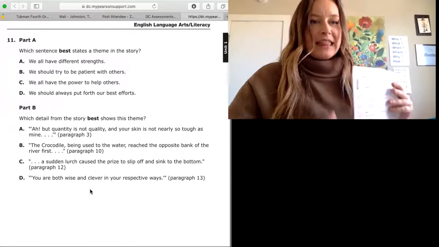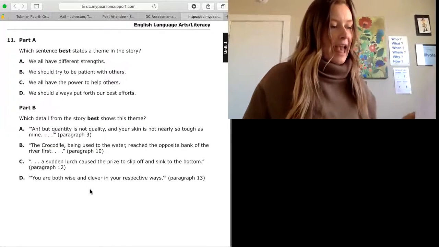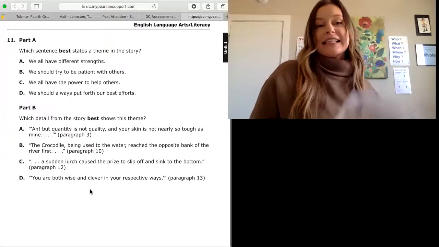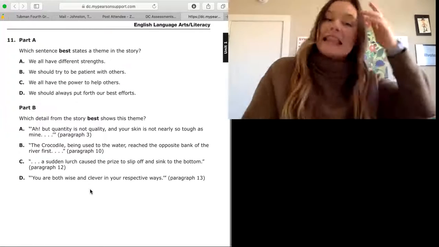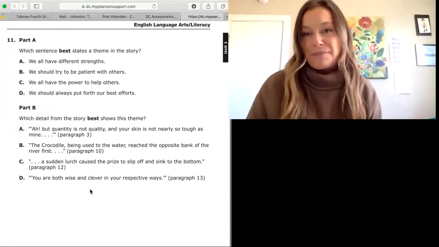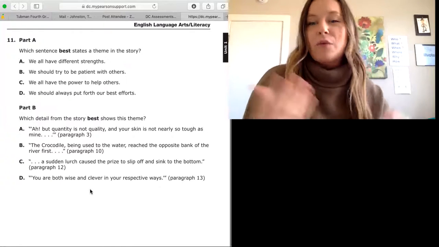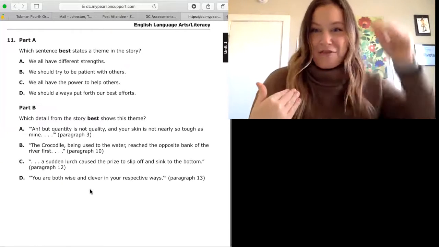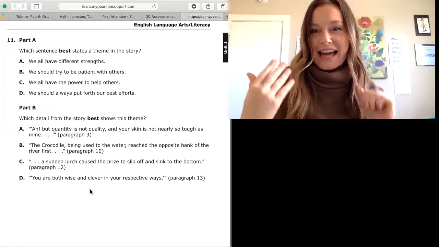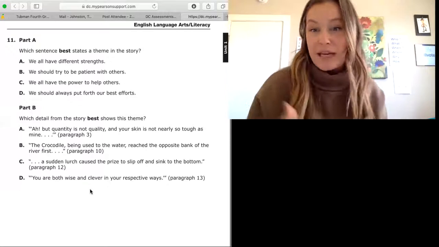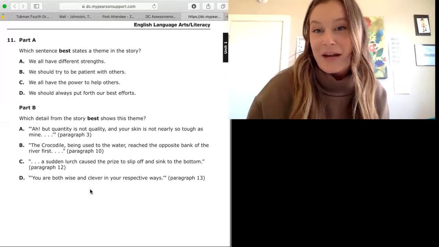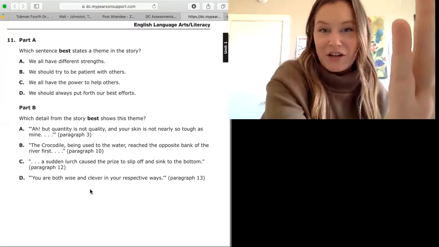And number 11, part A. Which sentence best states the theme of the story? Now remember, when we're seeking theme of a story, we always want to answer in our head first, so we have that lesson that we as the reader learned in the story before we look at the answer options.